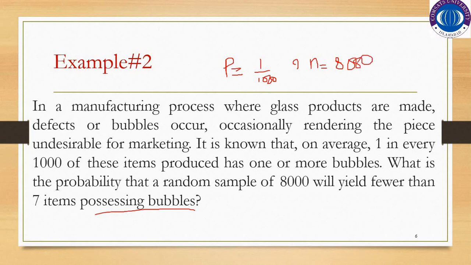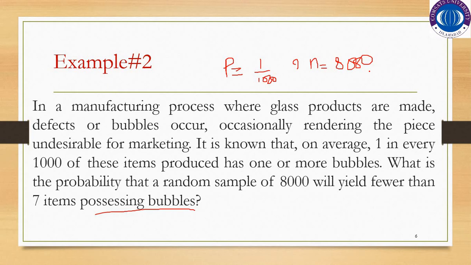So the first property of the binomial distribution, that there would be two categories, success and failure, is satisfied here. The second property is that the number of trials is fixed. They are taking the random sample of 8,000, so this property is also fulfilled here. The third property is that the successive trials are independent.